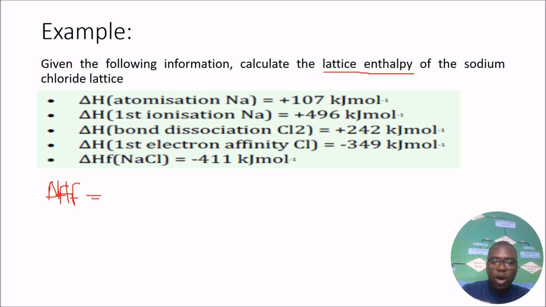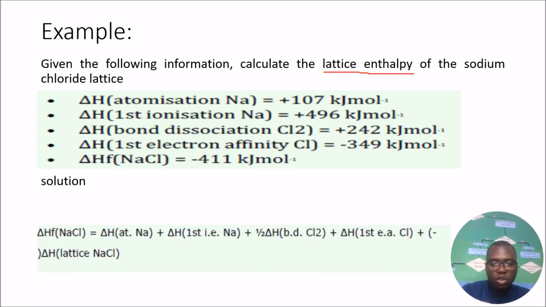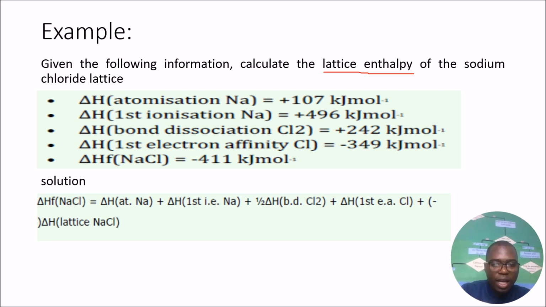So what is going to happen here is, you write the general formula. So here is your solution. You can see that enthalpy change of formation will be given by enthalpy change of atomization of sodium, the first ionization energy of sodium, and then you also have the bond dissociation of chlorine, then you have the first electron affinity of chlorine, and then that's when you have the lattice energy.